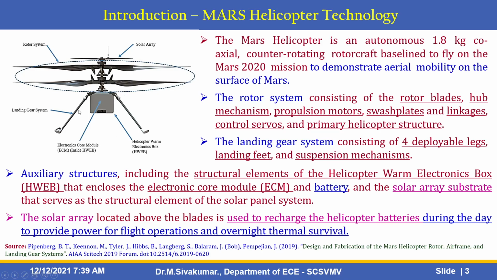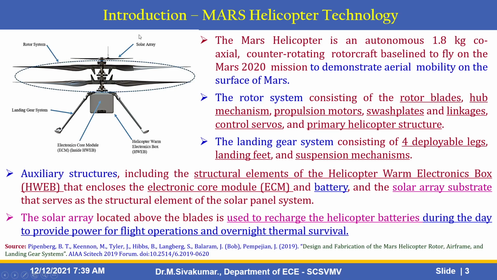The landing gear system includes four deployable legs, landing feet and suspension mechanisms. The auxiliary structures include the structural elements of the helicopter warm electronic box that encloses the electronic core module and battery, and the solar array substrate that serves as the structural element of the solar panel system.